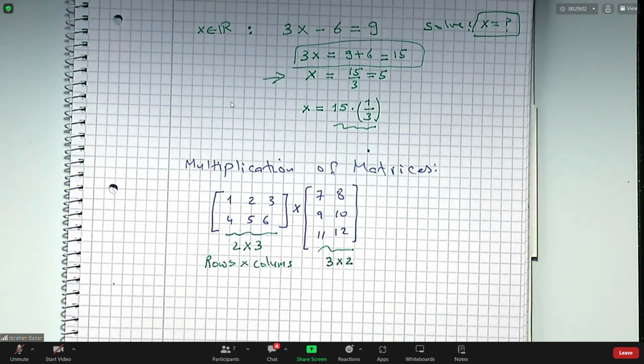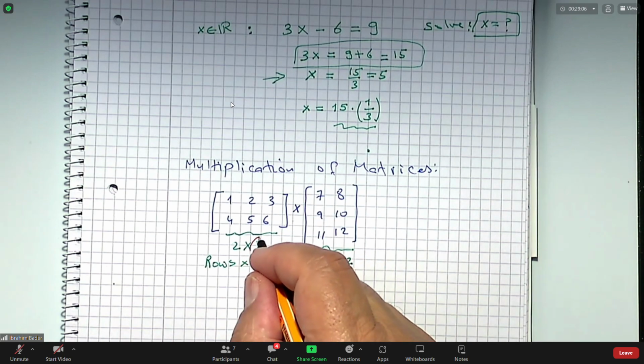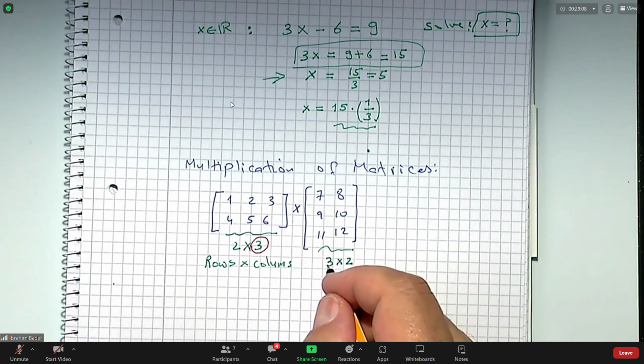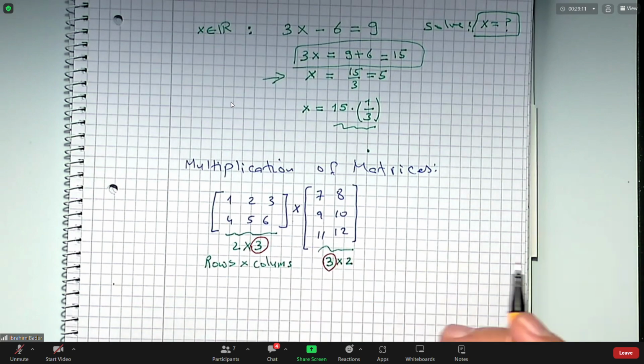Now here the rule says that the first matrix has as many columns as the rows of the second matrix.